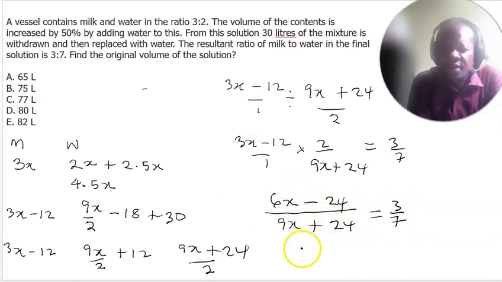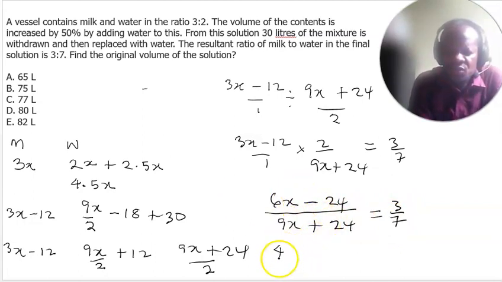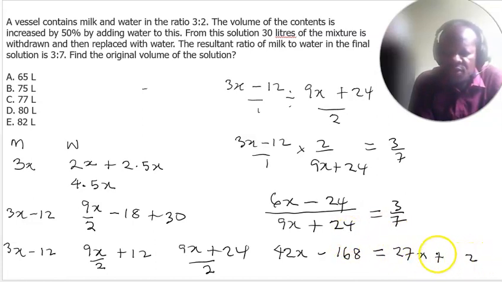So we cross multiply. This will give us 42x minus 4 times 7 times 6, that is 168, equals 27x plus 3 times 24, that is 72.